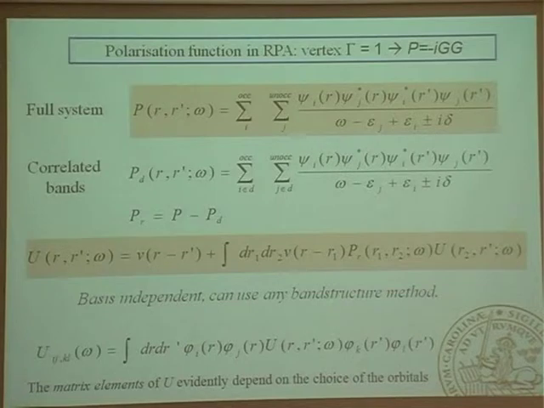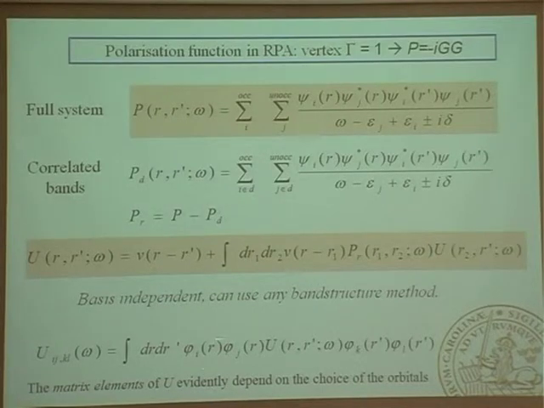And then at the end of the day, once you get this quantity, we can use it in a model. Then we take matrix elements. Usually when you have a model, you work with some localized orbitals, like the Wannier orbitals that Nicola Marzari was talking about a few days ago. So you can take these orbitals, defined to be the maximally localized Wannier orbitals. It doesn't have to be.